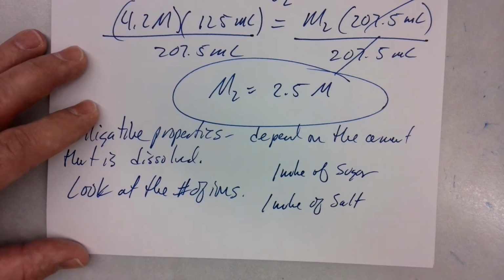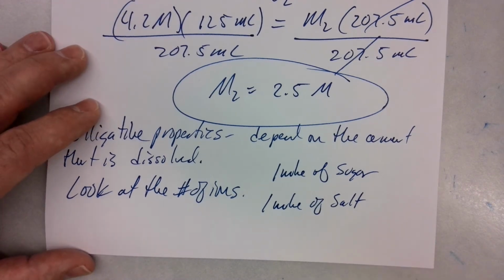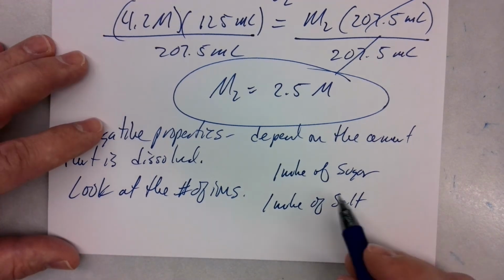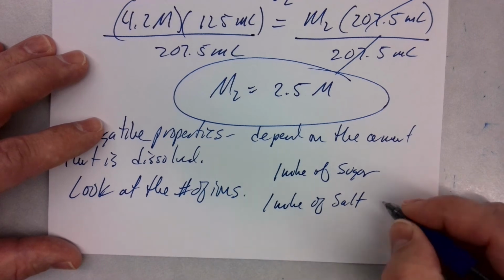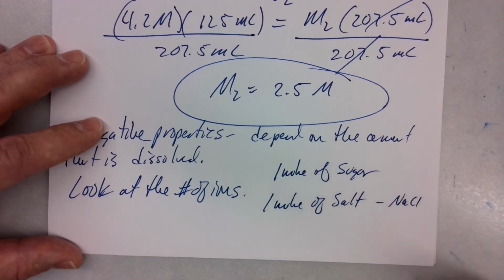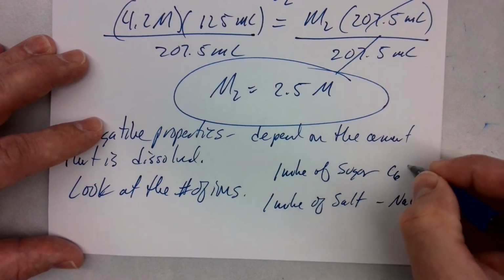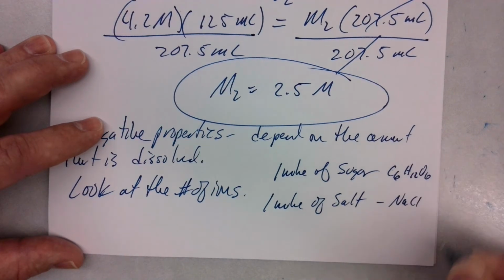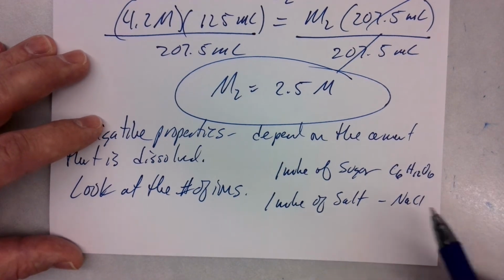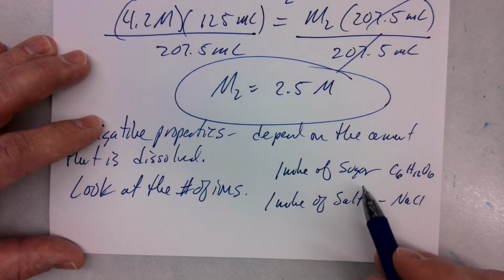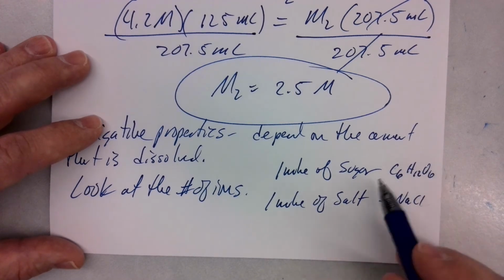Now, what you've got to remember first off is, what is salt? Well, salt is NaCl, right? And sugar is C6H12O6. Now, sugar is what kind of compound? Does anybody remember?